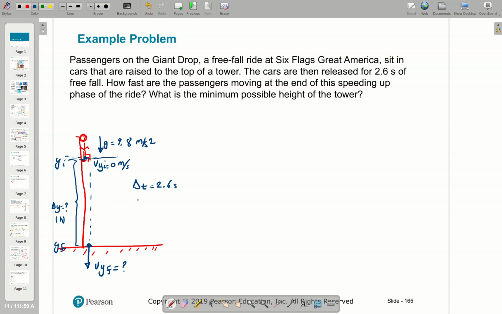Now, what is the minimum possible height of the tower is the second part. So I'm looking for Vy final and delta y, or height of the tower. Similar to delta x, we can always choose one position as 0, the other will be the height. So I can set y initial to be height, and when they reach the final point, I can choose this to be 0.